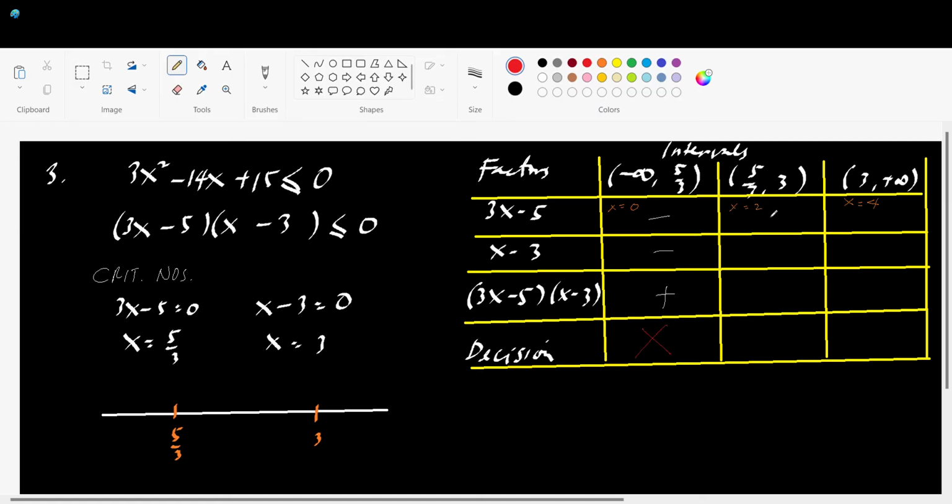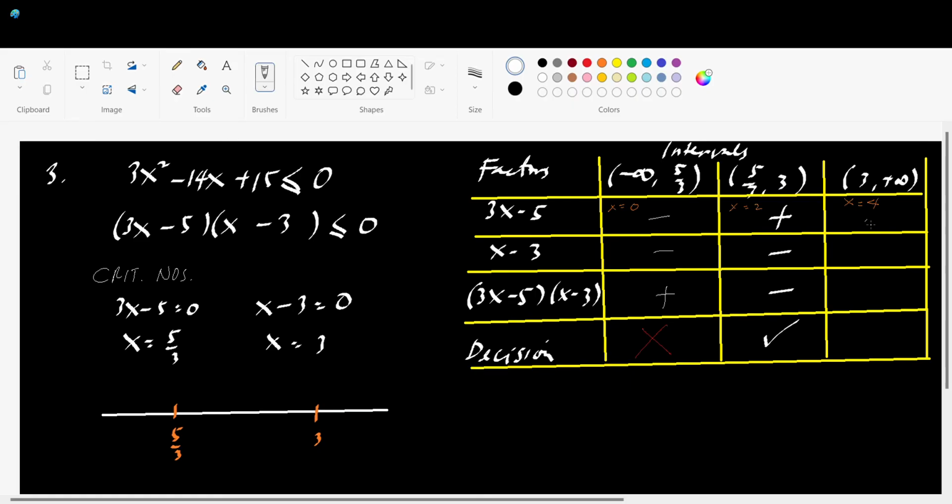How about x equal to 2? For x equal to 2, 3 times 2 minus 5, that will be positive. 2 minus 3 is negative. Positive times negative is negative, and negative is less than 0. Right? So, put a check mark.